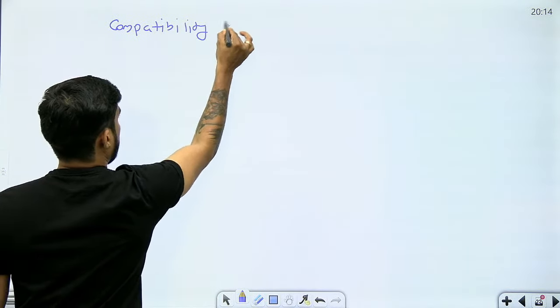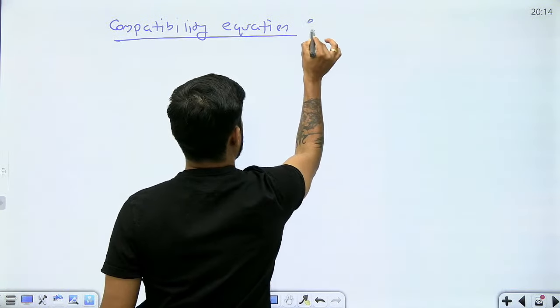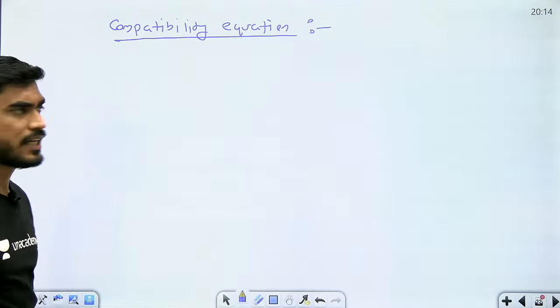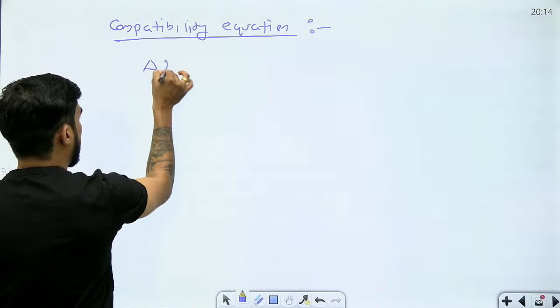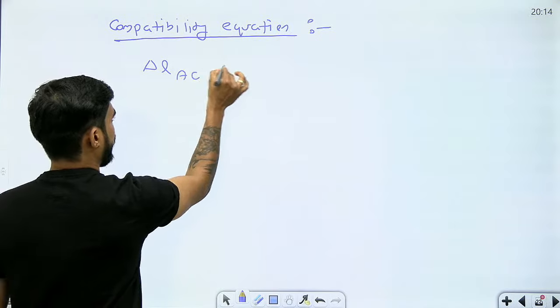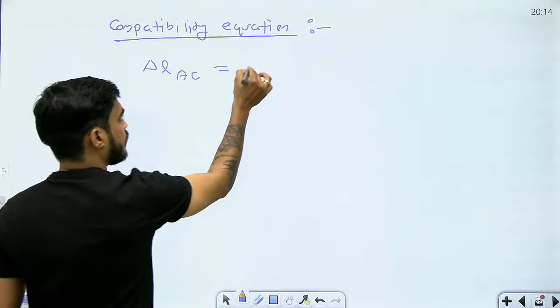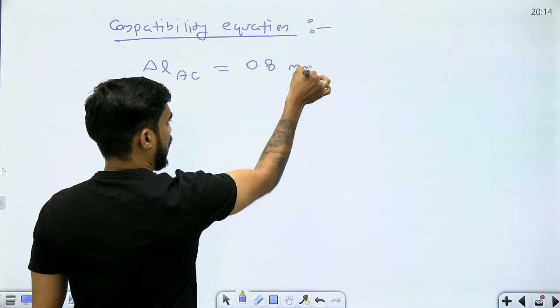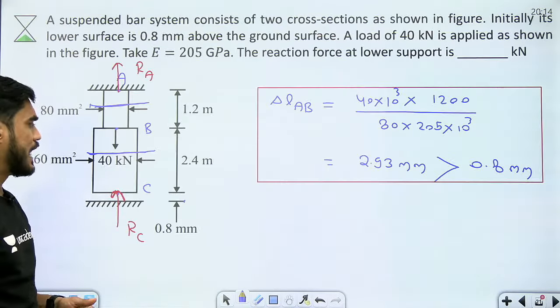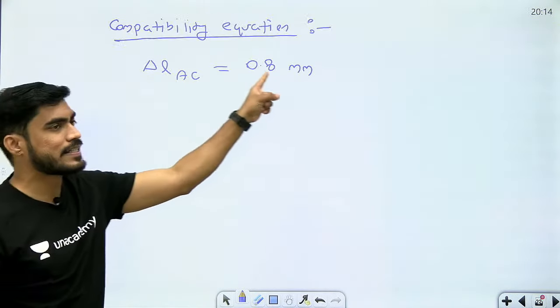You don't need to get confused. Very simple compatibility equation here. Delta L from A to C will be equal to this gap 0.8. अगर ये गैप नहीं होता and it was fixed, तो delta L would have been 0.